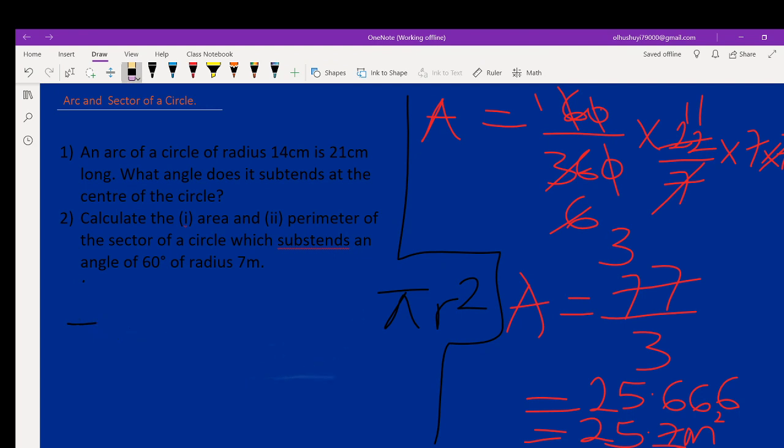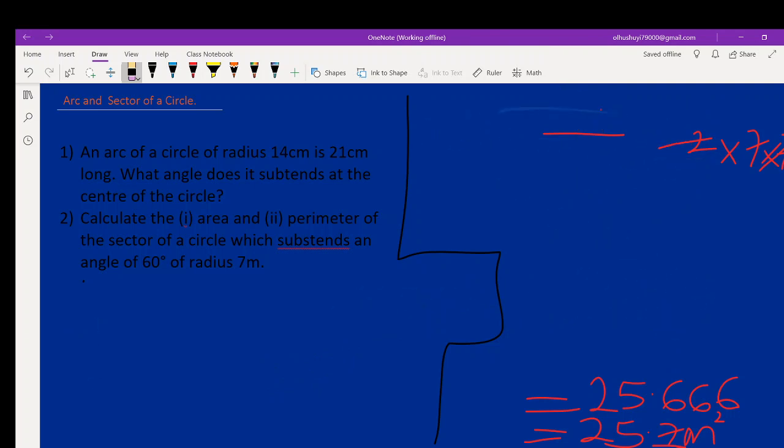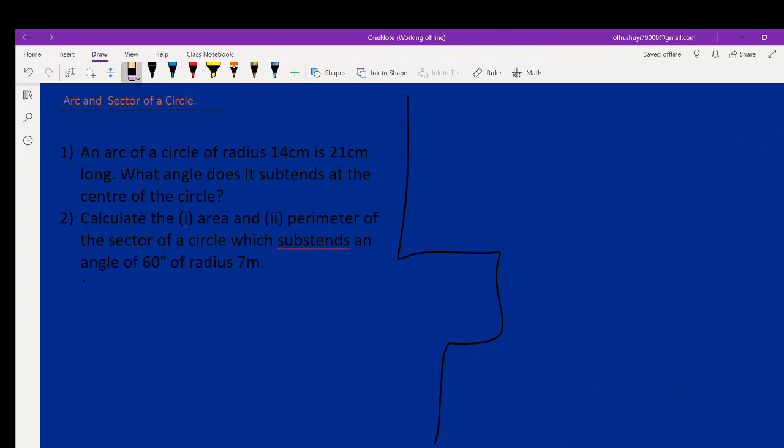Now, what of the perimeter? Let me draw a sector again. How do you calculate the perimeter of a sector? Number one, this is a radius, this is a radius, an angle theta is here, and this place is the length of an arc, because the shape is formed from a circle.